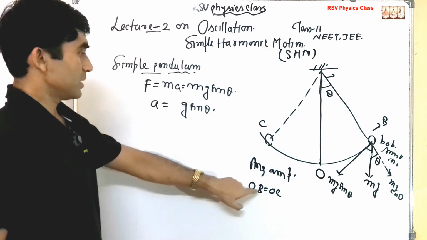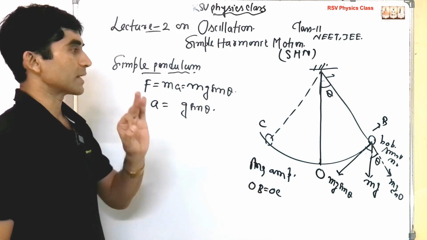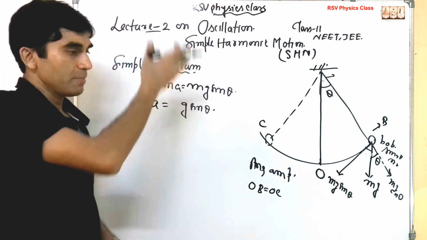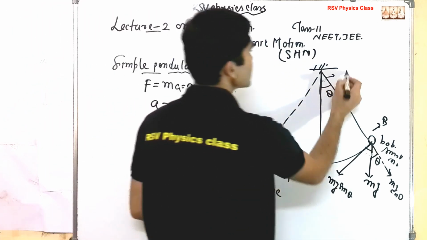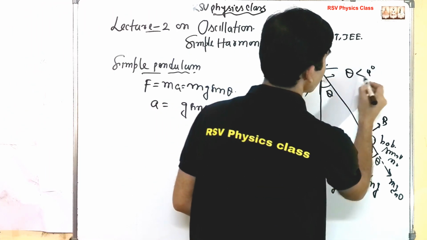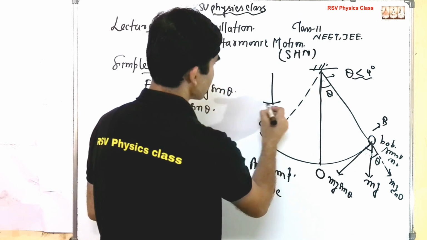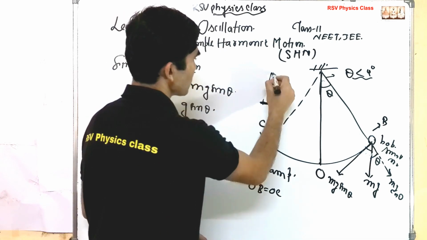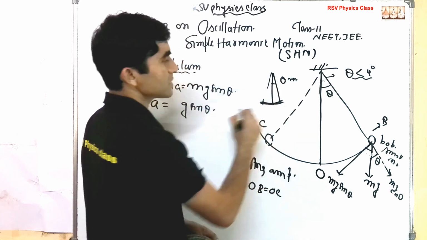Now this is the amplitude for small angle. For a very large angle, this approximation is not valid. When theta is less than 4 degree, then you can consider it as linear. So when the angle is very small, you can consider it as linear.